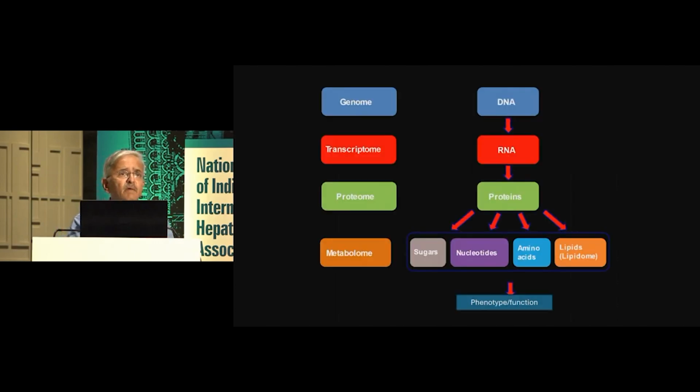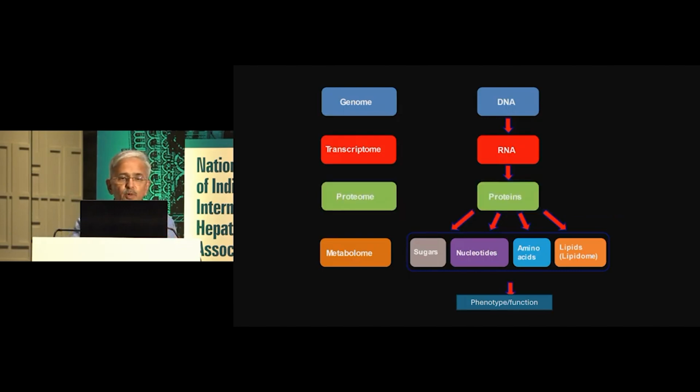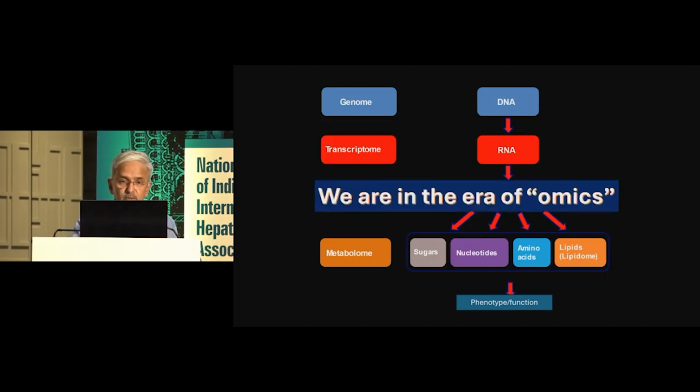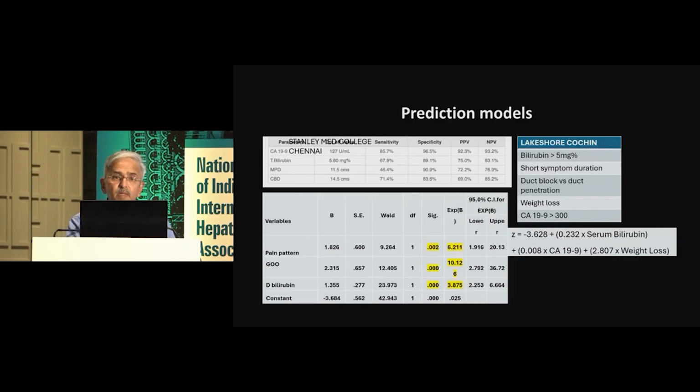This is a part of a major omics process where you look at the genome, the transcriptome, the proteome and the metabolome, which is the output. In fact, some of the molecular tests that we talked about are the metabolomes because they are the outputs, and they all affect phenotype and function. So this may be the new era of omics that we are talking about.